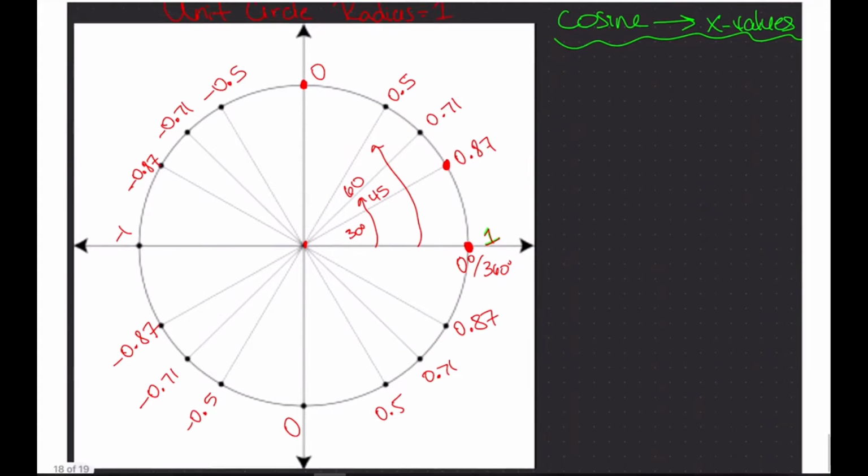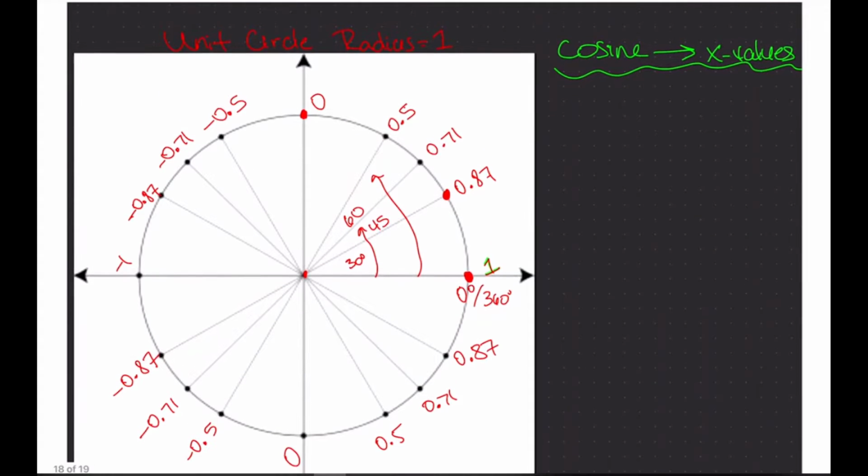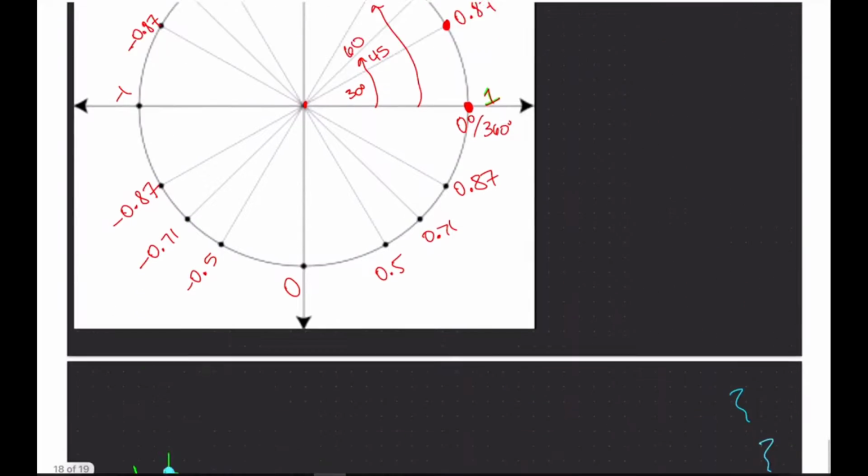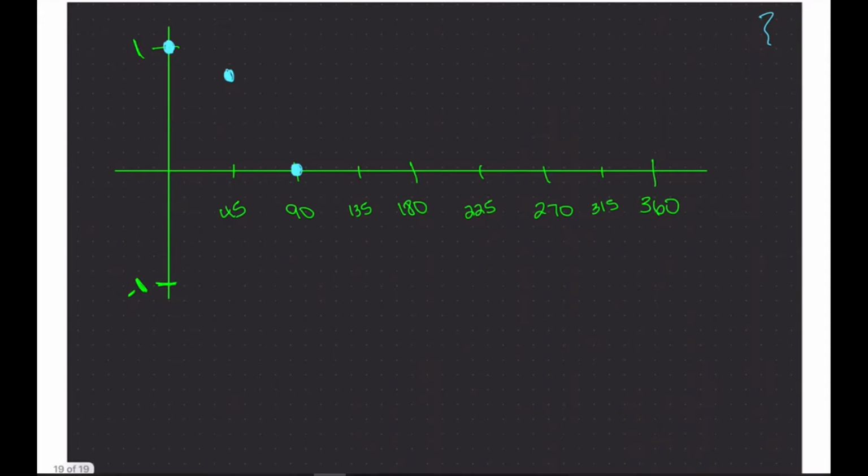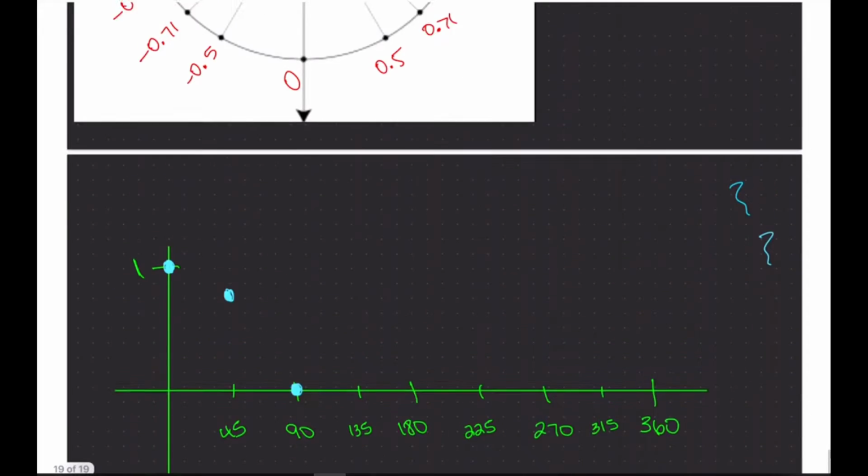Where are we at 135? Negative 0.71. So right about there-ish, maybe a little low. And what do we get for 180?